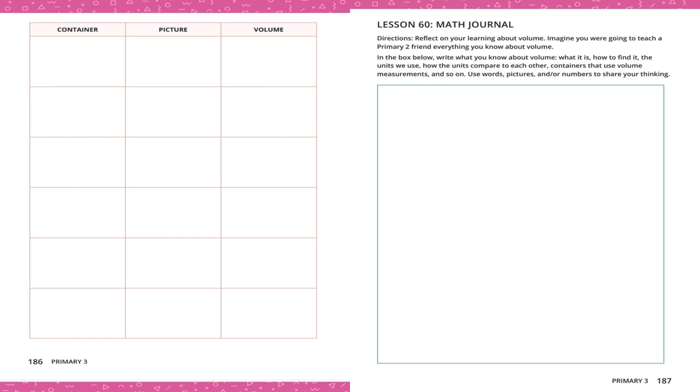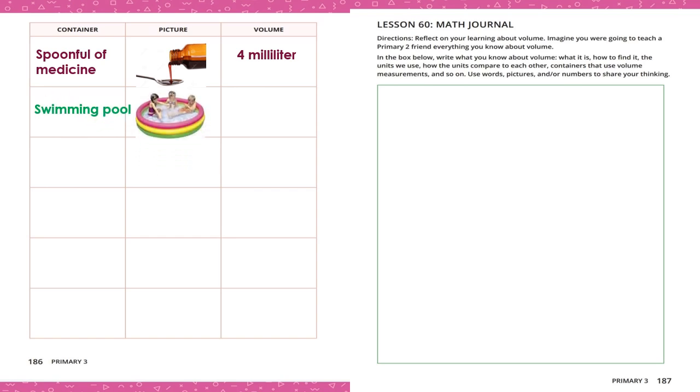Let's continue our examples. Spoonful of medicine. Its volume is about what? First, its unit, liter or milliliter? Yes, milliliter. So its volume is about 4 milliliter or 3. Swimming pool. Its unit, liter or milliliter? Yes, liter. So its volume is about 50 liter.